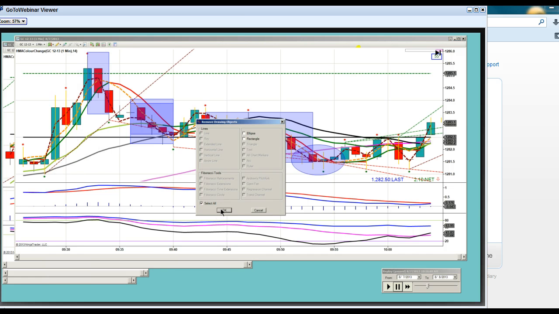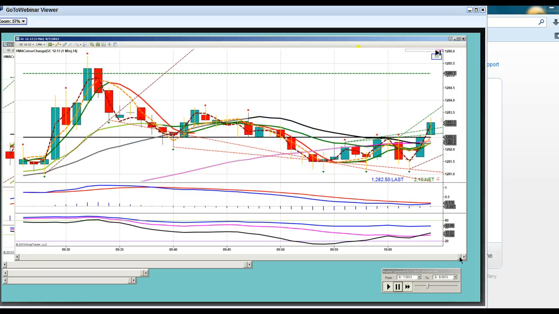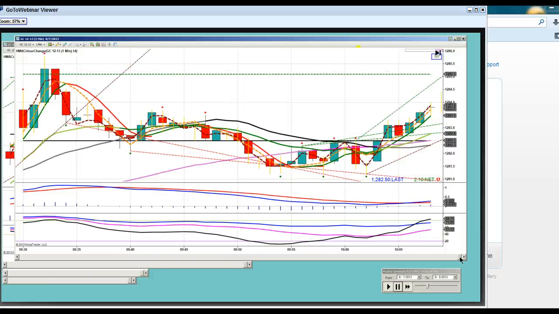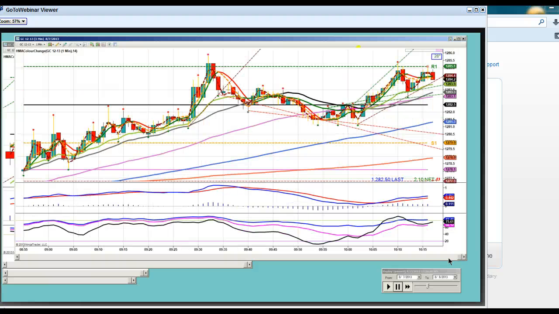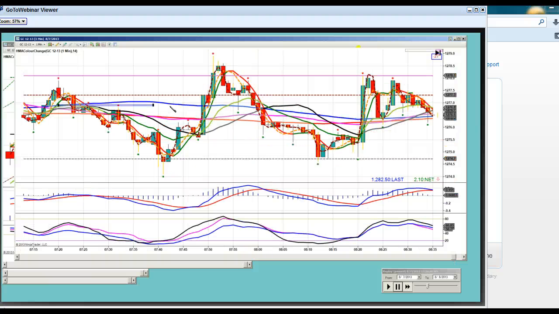So actually I'll leave those there for a minute, okay, and, well, I got rid of them. But let me just show you here for a second. The only time we're counter trending to the 200 is if we're in a fist. Can you see they're in a cluster? That's a different scenario when we're in a cluster.